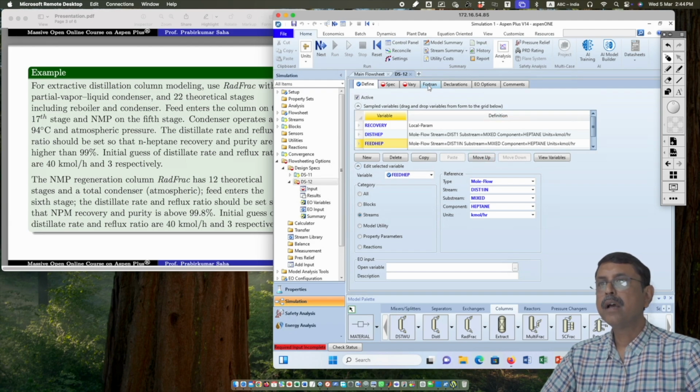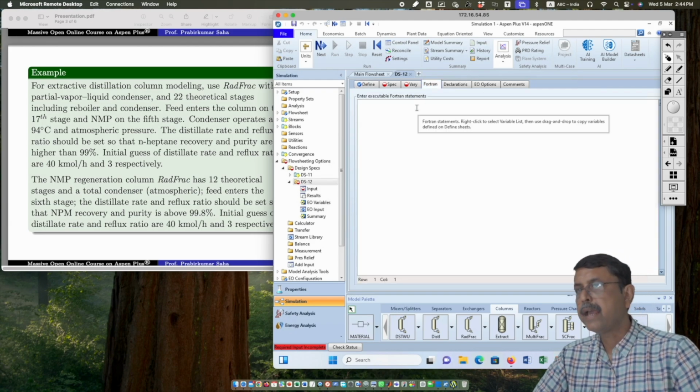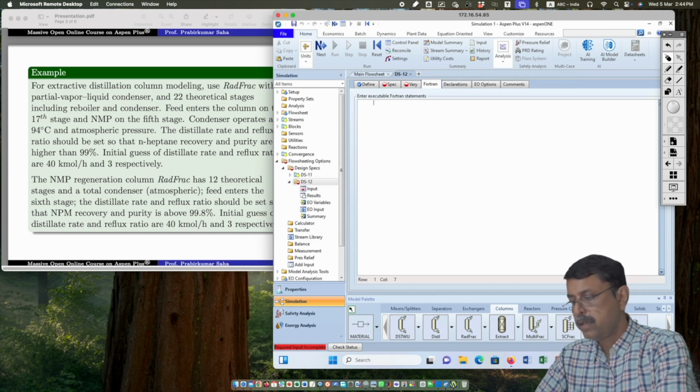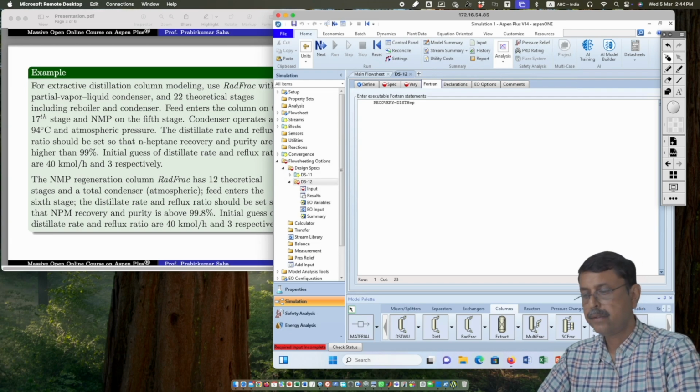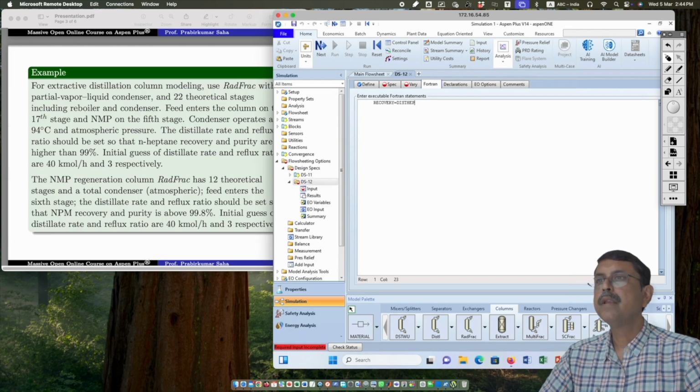Okay. Now we will define the Fortran code as recovery is equal to dist hep. I think it is dist hep, right? Let us check.